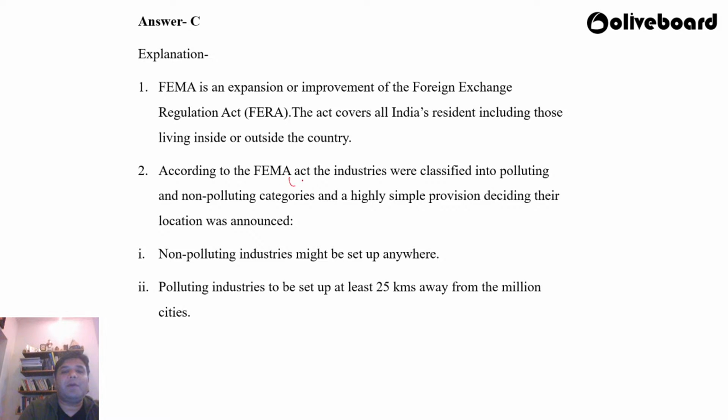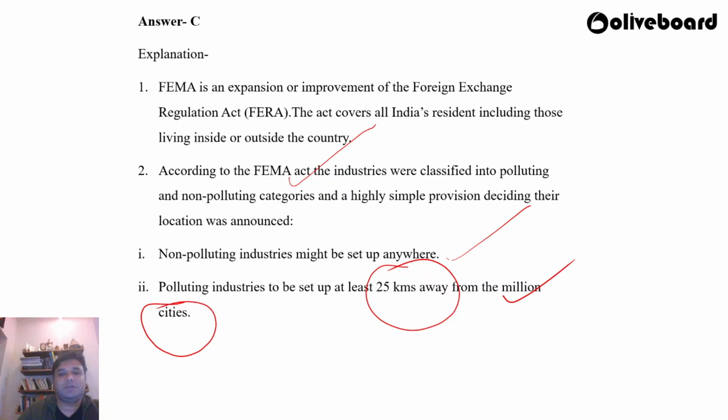According to FEMA Act, the industries were classified into polluting and non-polluting categories, and a simple provision deciding their location was announced. The non-polluting industries could be set up anywhere, whereas the polluting industries were to be set up at least 25 kilometers away from the cities with a 1 million population. Okay.